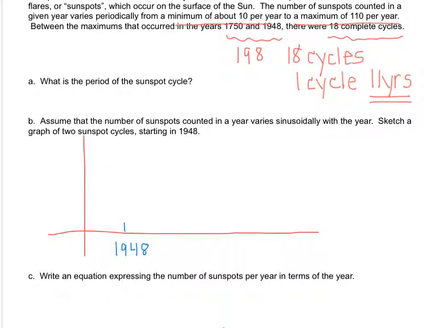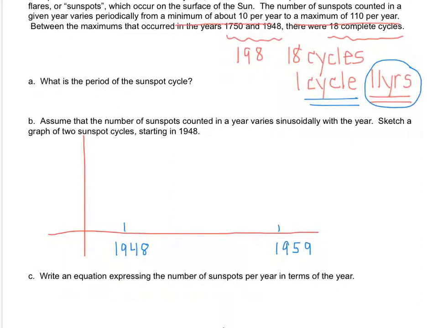And the next cycle would start how many years later? Well, we know that one cycle occurs every 11 years. So if I add 11 to 1948, that would be 1959. Remember, 11 years is one cycle.